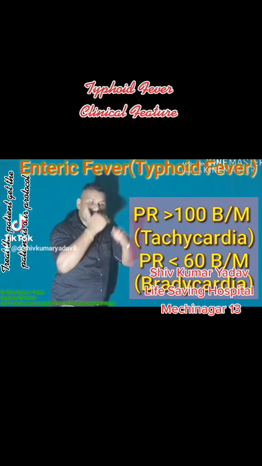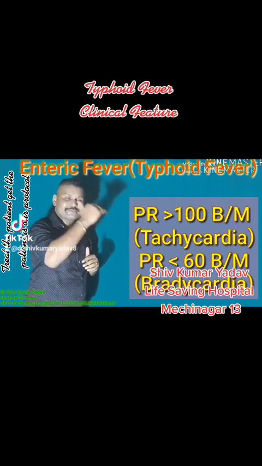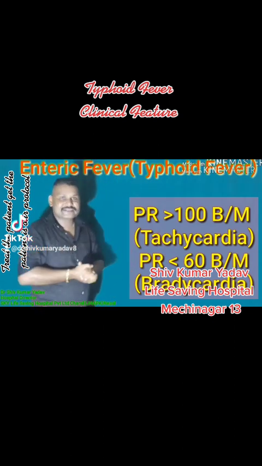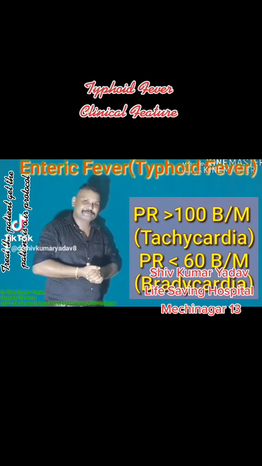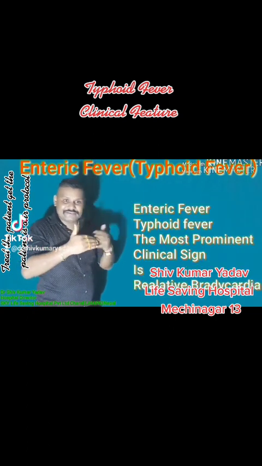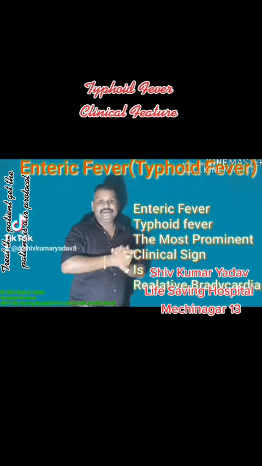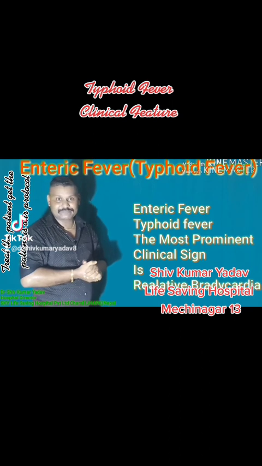When it is more than 100 beats per minute, it is said to be tachycardia. Everybody knows this. And when it is less than 60 beats per minute, it is said to be bradycardia.